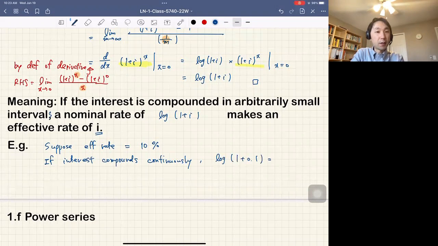You can see that the log of 1.1 is 0.0953.